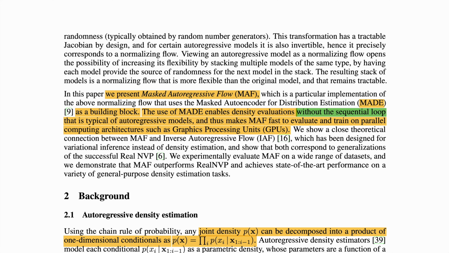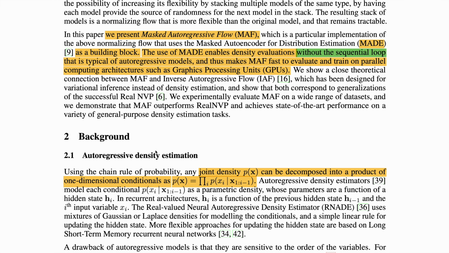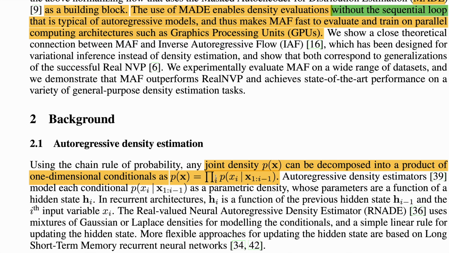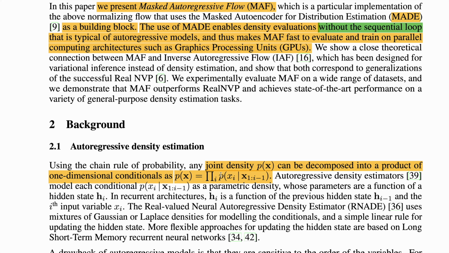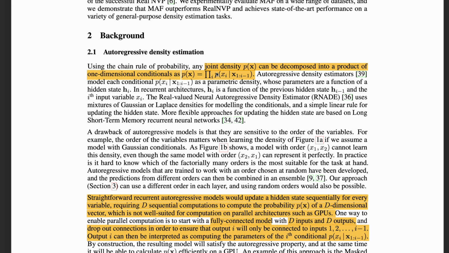So basically, okay, maybe for now, let's put that aside, and we're going to come back to that in a moment. But basically, autoregressive models decompose the joint density into a product of 1D conditional distributions. Okay, so you rewrite the joint density using this product of conditionals. And basically, the issue is what is explained in that paragraph.